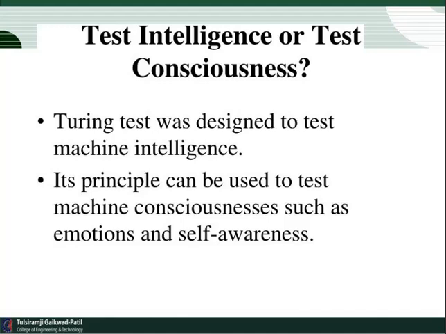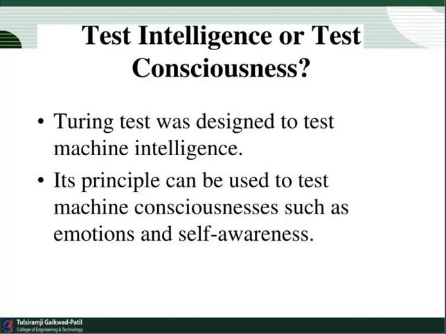Test intelligence or test consciousness. The Turing test was designed to test a machine's intelligence. So its principle can be used to test a machine's consciousness also, such as emotions and self-awareness. The Turing test can involve questions based on emotions or even self-awareness.